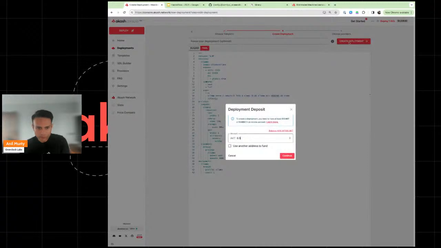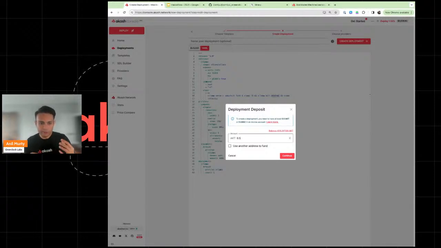So we're going to click on create deployment, and what happens now is that Akash asks you to create something called an escrow account. Think of this as a two-sided transaction where on one side there is the provider that's going to be running your workload, and on the other side is you, who wants to run your workload. And so there has to be some way for you to pay them for it, right? Now, one way to go about doing that is to say, hey, we're going to charge you entirely for, let's say, a month. And then if you at any point close your deployment, we'll return that back to you.